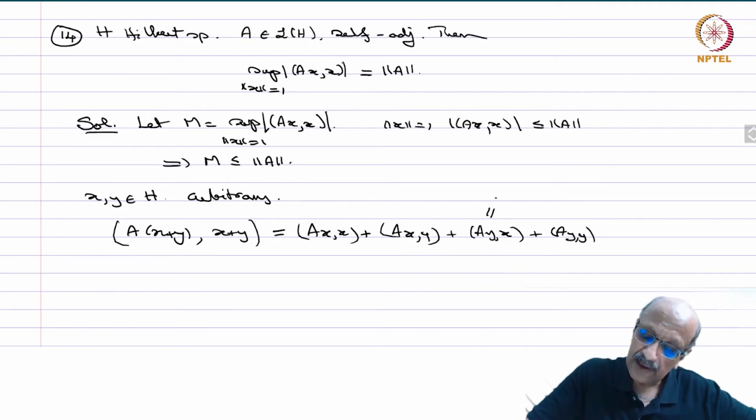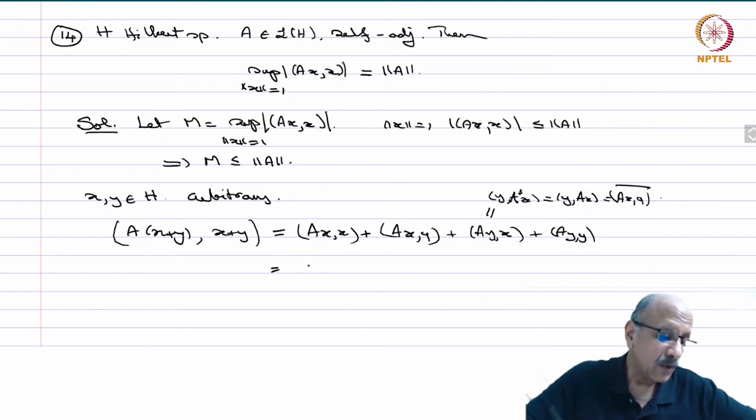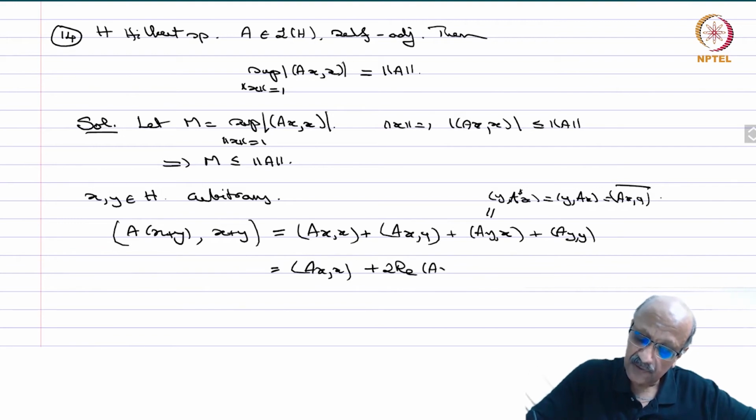Now what is A(y,x)? This is nothing but (y, A star x) equals (y, Ax), which is equal to A(x,y) conjugate, and therefore this is equal to A(x,x) plus 2 real part of A(x,y) plus A(y,y).